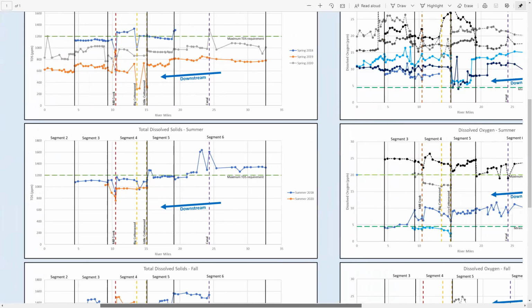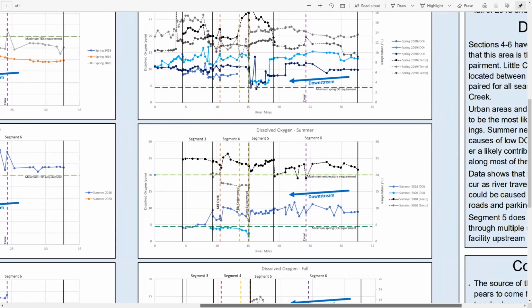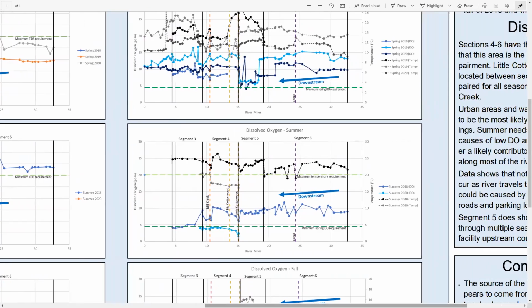For the summer sampling for dissolved oxygen and temperature, it shows the most impairment of all collected seasons. Sampling shows 20 out of 75 samples failing to meet the minimum requirement for summer dissolved oxygen, and 53 out of 75 above the maximum temperature standard set by the Utah Division of Water Quality. Summer is the only season to show the impairments through most of the river data sets.